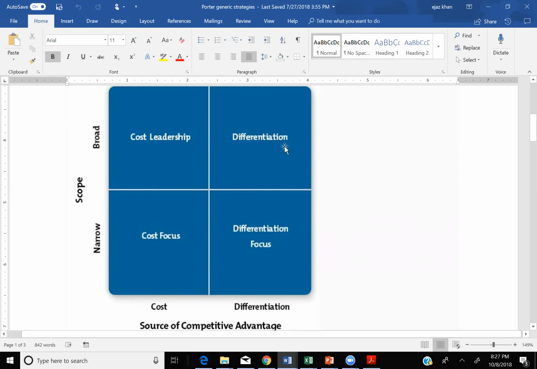It's following the differentiation strategy and it's offering all those products at higher prices. So according to Porter, a company cannot afford to be stuck in between these strategies. It has to have a clear strategy of how it wants to compete in the market.